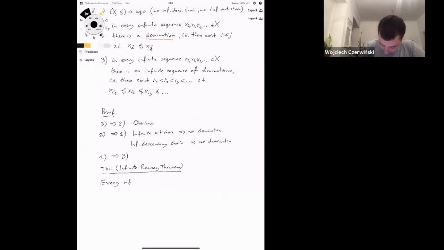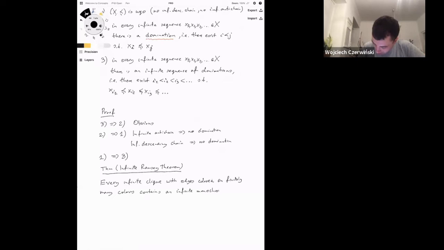Every infinite graph which is a clique, so an infinite clique with edges colored with finitely many colors, contains, as a subgraph, an infinite monochromatic clique.